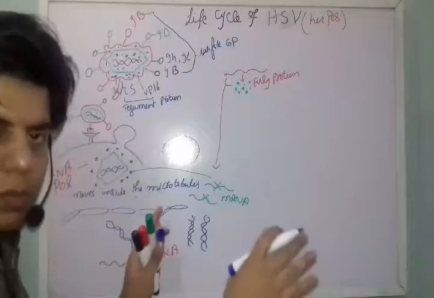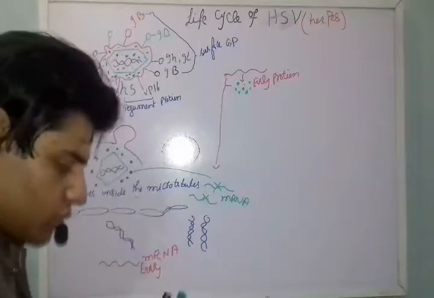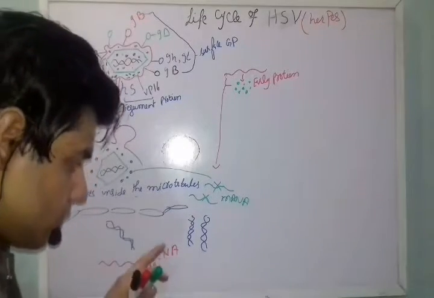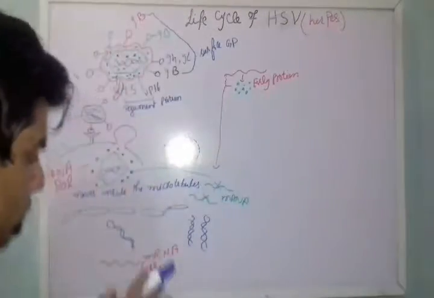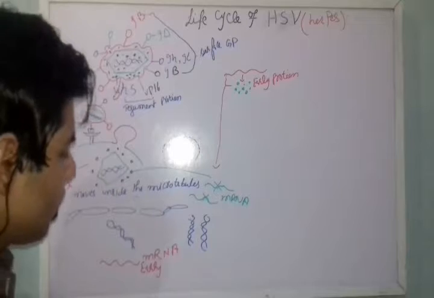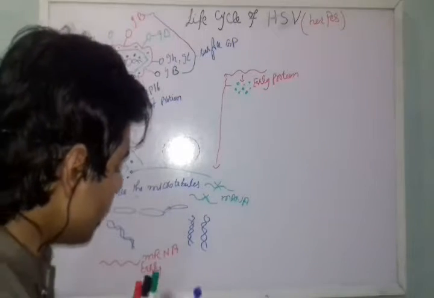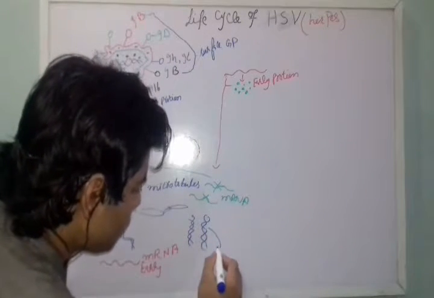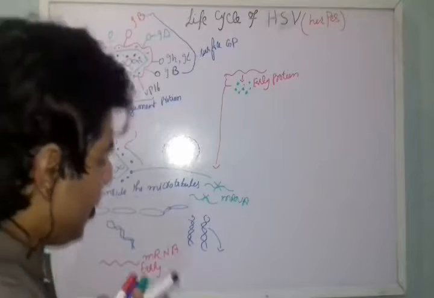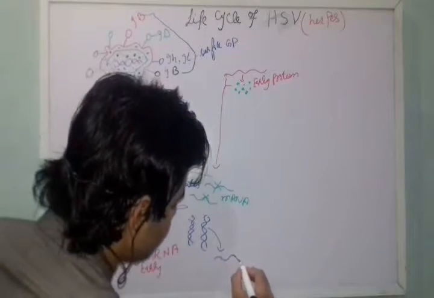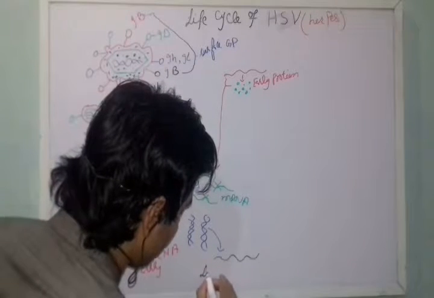After we get double stranded DNA, then what happens? Then this DNA will produce late mRNA. Let's suppose this black one represents late mRNA.